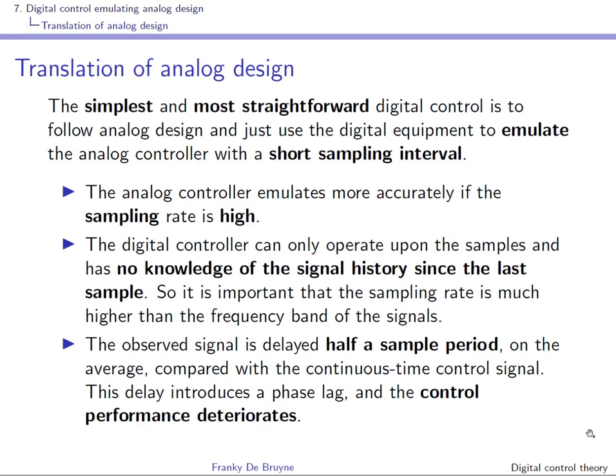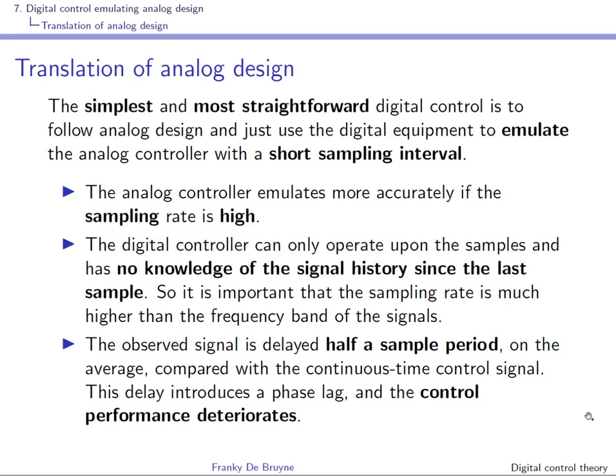So it is important that the sampling rate is much higher than the frequency band of the signals. The observed digital signal is delayed by half a sample period on average if you compare with the continuous time signal, and this is because of the zero order hold mechanism.